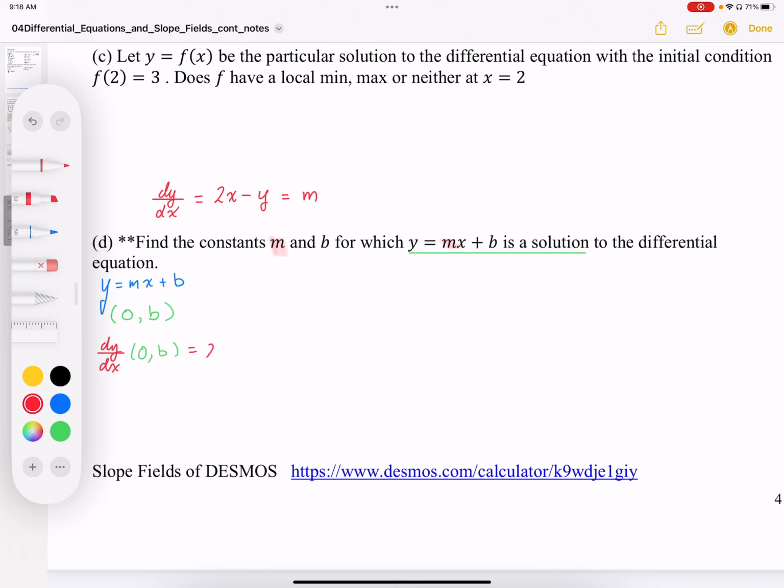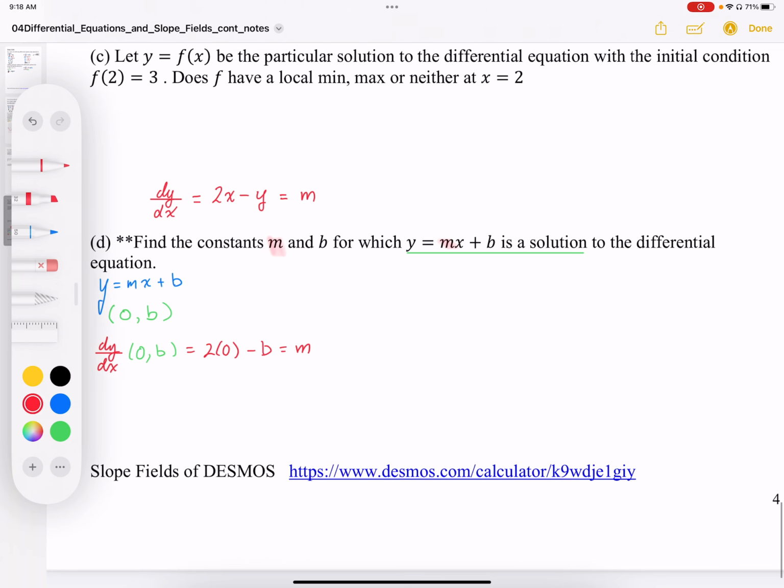So we're going to plug in 0 for x and b for y, and that's going to be equal to my slope m. And what that does then is I end up with this fact that negative b is equal to m. So at least I have the m and b in terms of each other.